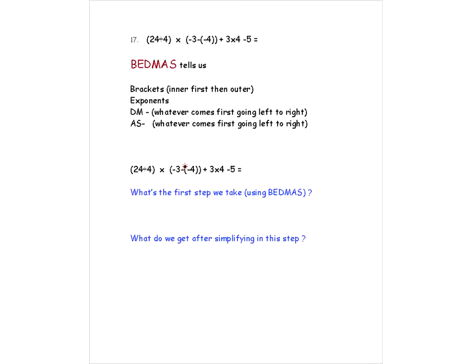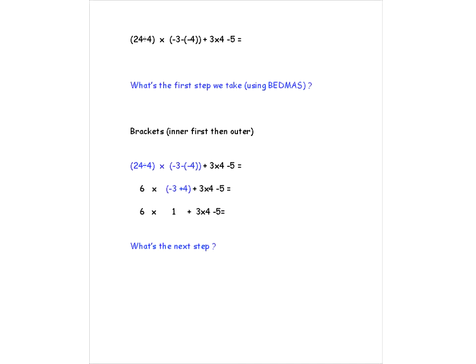We could just write a plus here. So what do you think that would equal? Minus 3 plus 4 would be plus 1. So we simplified this bracket, we got 6, and here we had minus 3 minus 4, which is like minus 3 plus 4. That's going to be plus 1.